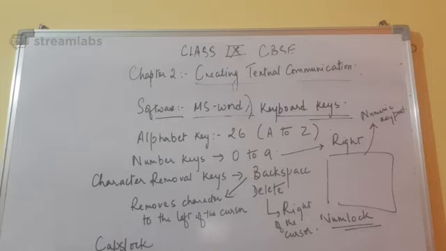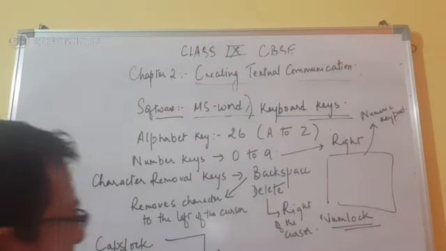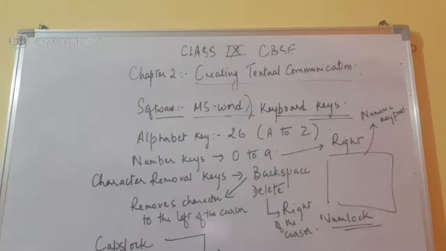In case you want to write in capital letters or uppercase, you can press this key. But if you don't want to use this, is there any other shortcut using which you can write in capital letters on the keyboard without putting caps lock on?